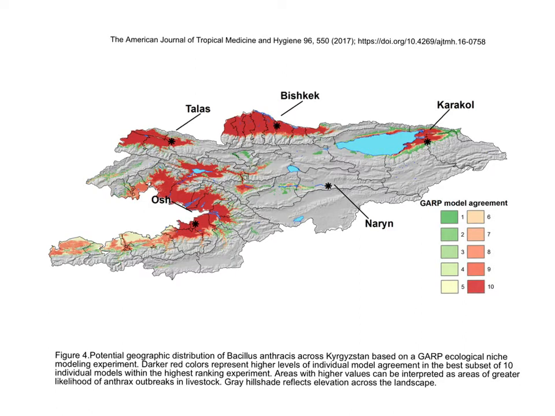So I want the reader to very quickly see the map and find these areas in red and have points of reference, such as Osh, Talas, compared to Naryn, where they can make quick comparisons. Naryn has no areas predicted by whatever this model is, whereas Osh, Talas, Bishkek, Karakol each have areas in red.